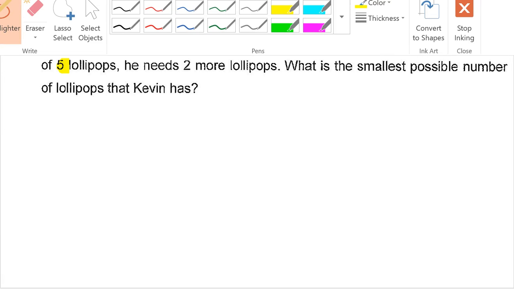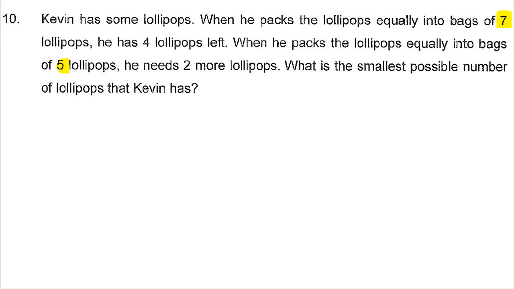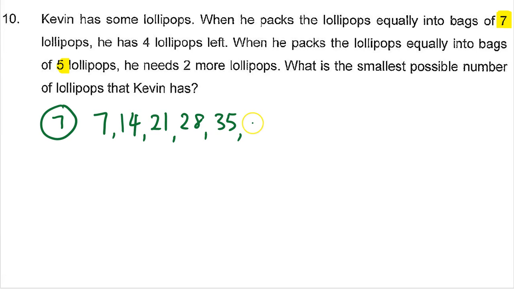So what I could do is use the listing method. I will start off with the multiples of 7 first. This calls for how strong you are with your times table. I'm not going to list all, I'm just going to stop somewhere.